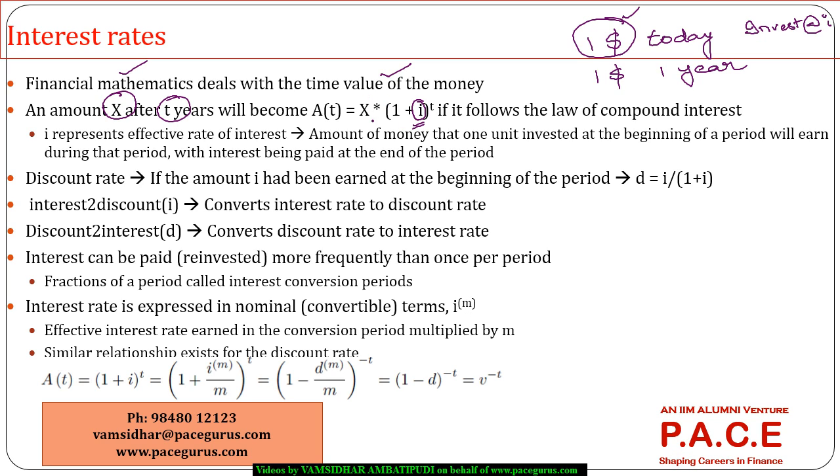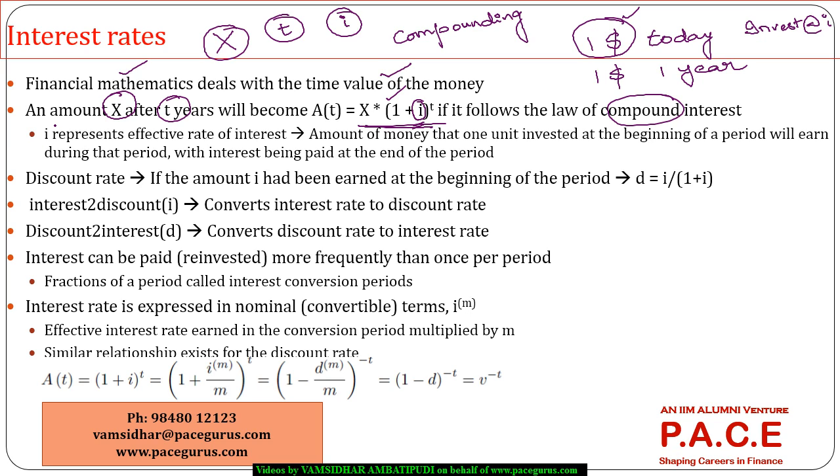With the help of compounding, I am going to receive X times (1 plus i) to the power t, based on the compound interest formula. This is a very simple calculation. If I have deposited amount X for t years, and per year the effective rate of interest is i, I am going to receive X(1+i)^t at the end of t years.